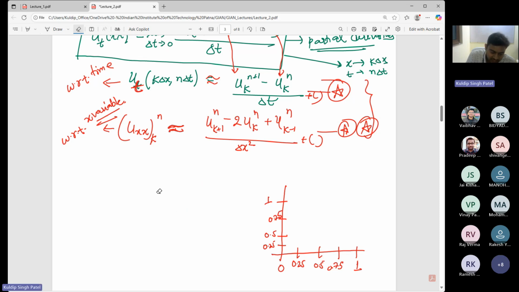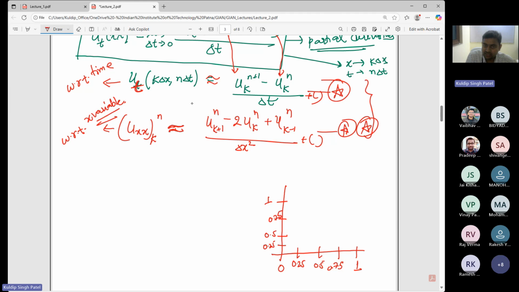So the idea is simple, these are approximations. They are not equal to. Suppose there is a variable v, where v is an approximation of u.